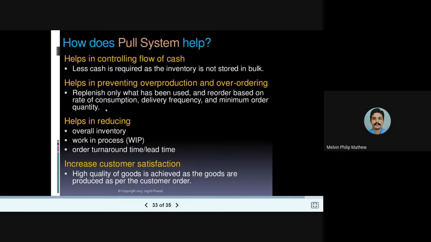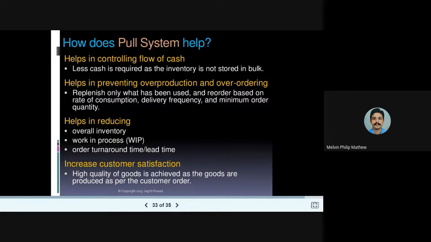Next, it helps in reducing three things. First, overall inventory. We are reducing the overall inventory; the previous two points explain the same. Then work in process, which is unfinished products. Some products may be there that we cannot complete during a day itself, and those are stored in inventory so that you can continue on the next day.